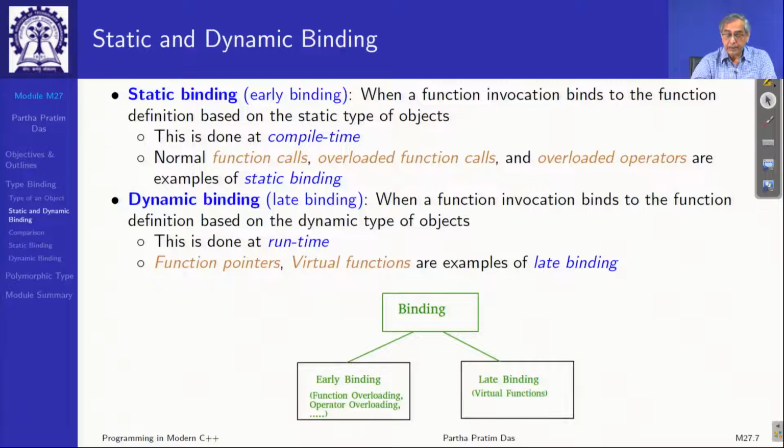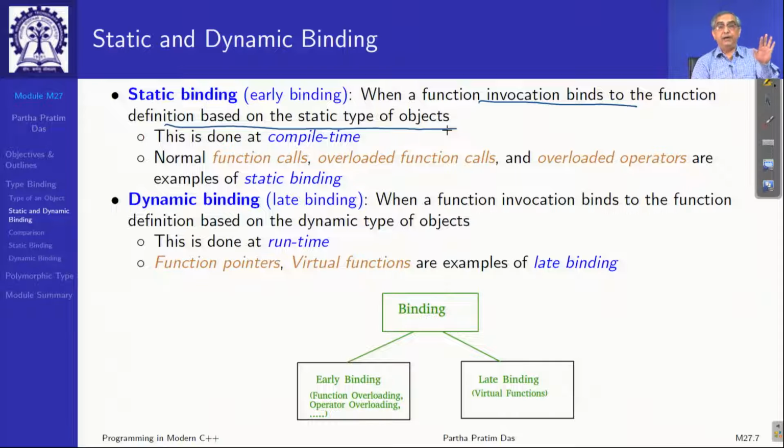This type assignment to a variable is known as binding. Deciding what is the type of an object, that process is called binding. You are binding the object to one specific type. So, a static binding is when it binds based on the static type of the objects.